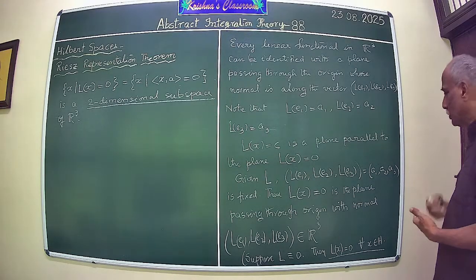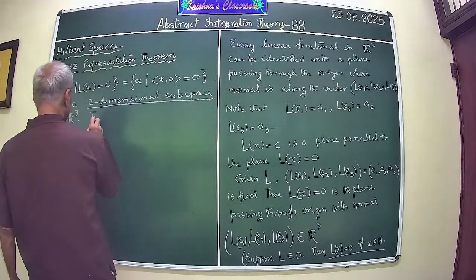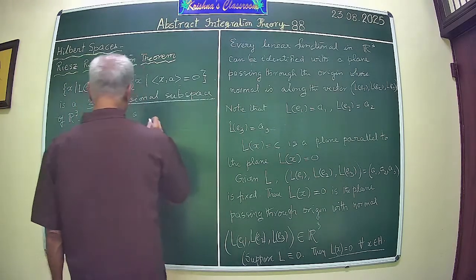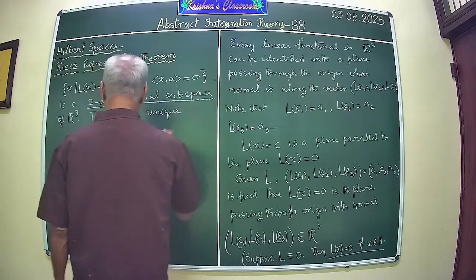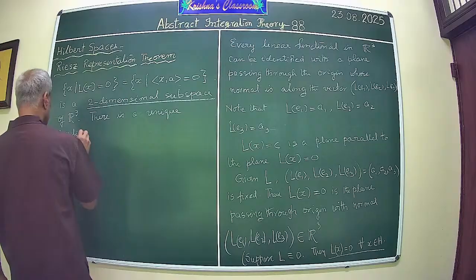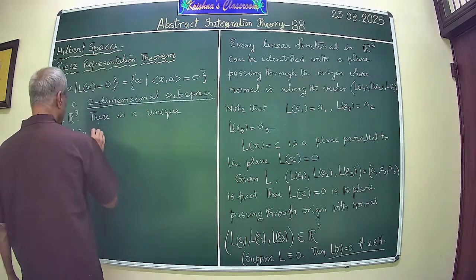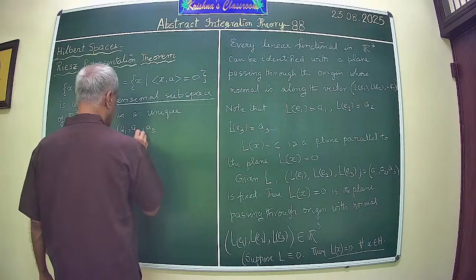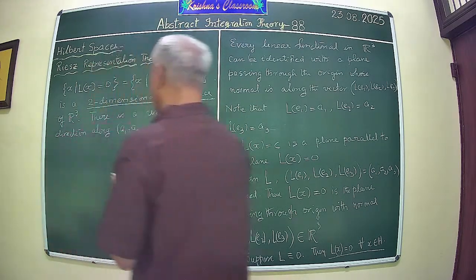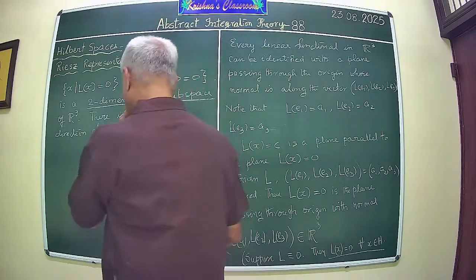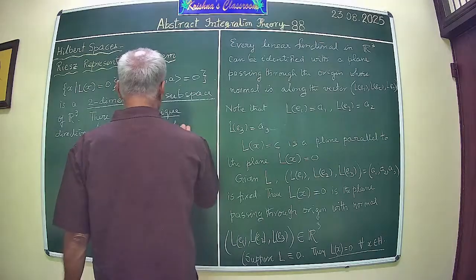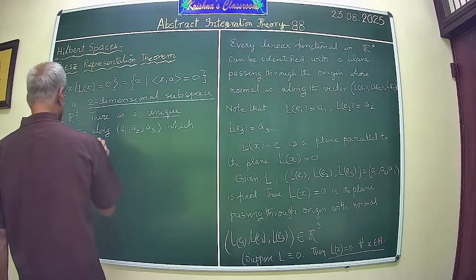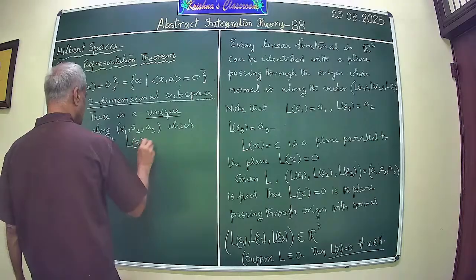Okay. Therefore, there is a unique vector, unique direction along A1, A2, A3 which is identified with Lx equal to 0.